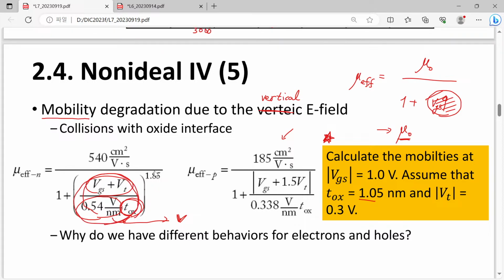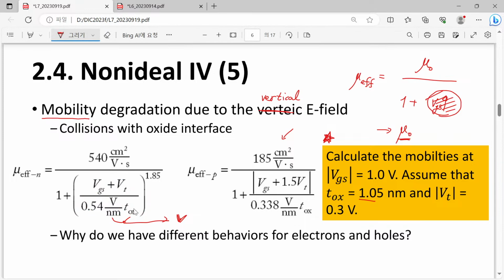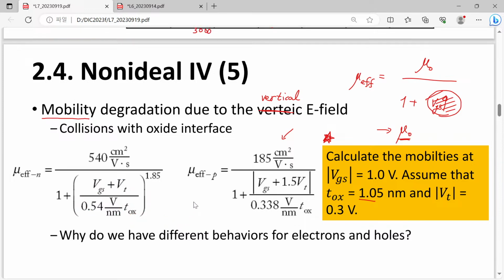It means that if we have a thick oxide, then this lower part becomes a large number. So it means that now our same amount of gate voltage increase becomes quite a small impact on our mobility reduction when we have thicker oxide thickness. Okay, it is quite simple.